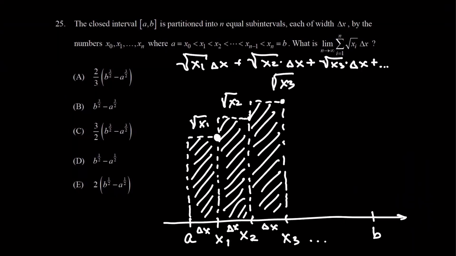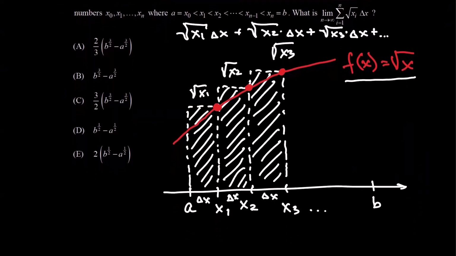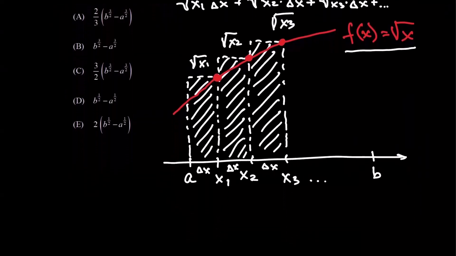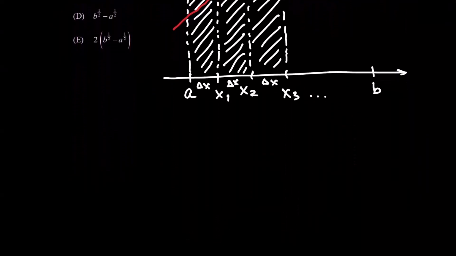And note one thing here: all these points lie on the curve f of x equals the square root of x. So at this point, we can recognize that this is the right Riemann sum for the function f of x equals the square root of x. And so as n goes to infinity, this turns into the integral.